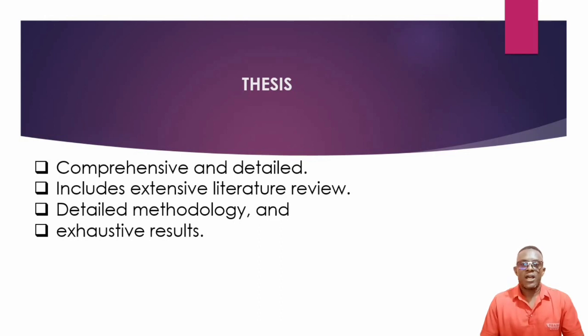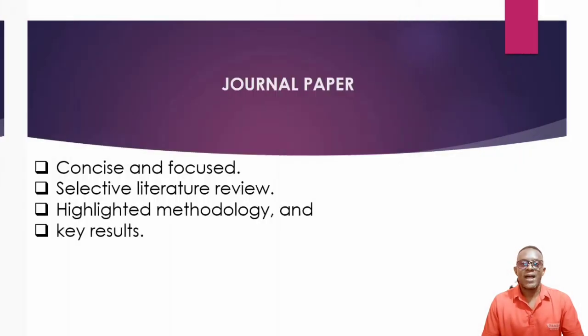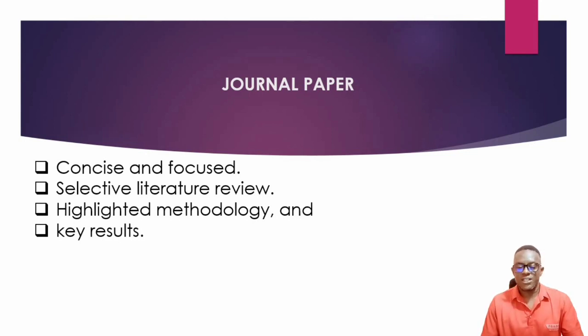Also, it gives a very detailed methodology, and it presents exhaustive results. For a journal paper, it is concise and focused. It is only able to present to you selective literature review. It only goes to highlight the methodology and key results.